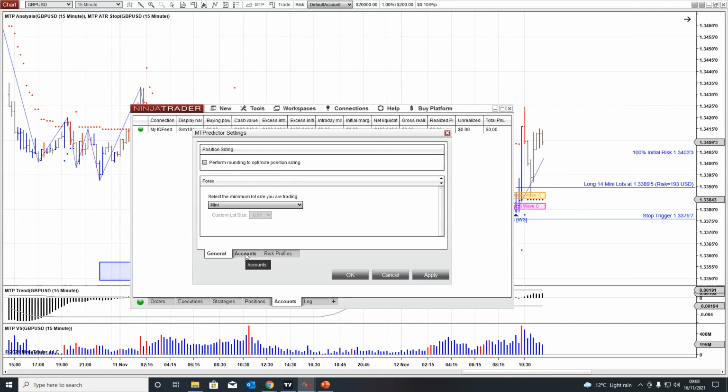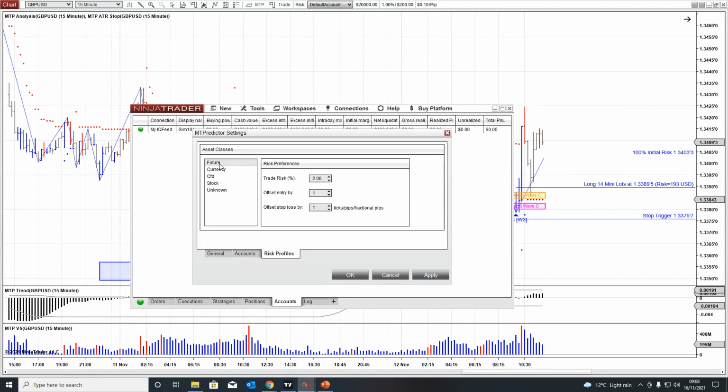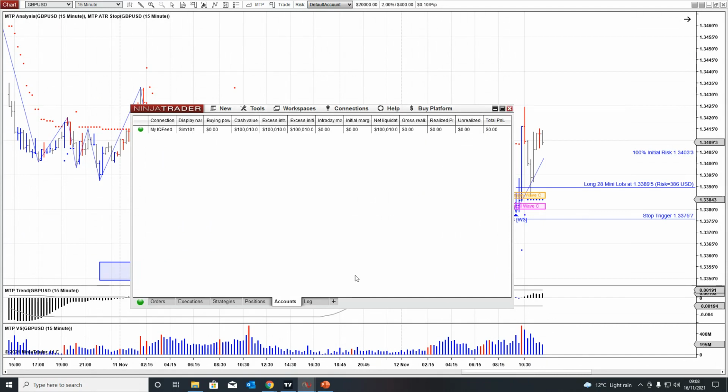You then go to our risk profiles here, and here you can set your trade risk for the asset class that you want to do. So here the trade risk for currencies is at 1%. So let's put that back to 2%, apply, and okay. And as you can see, it's double the number of mini lots available for that particular setup.